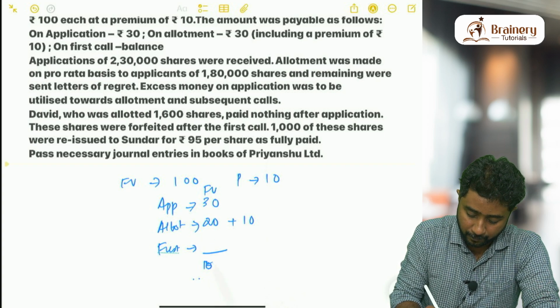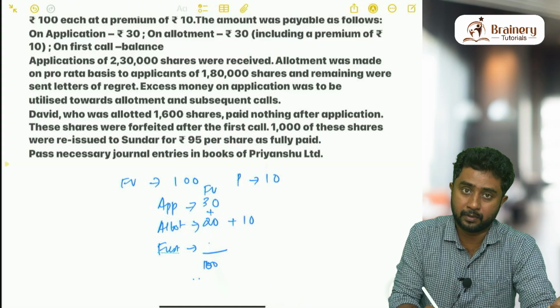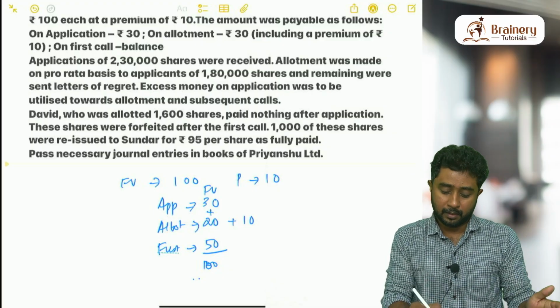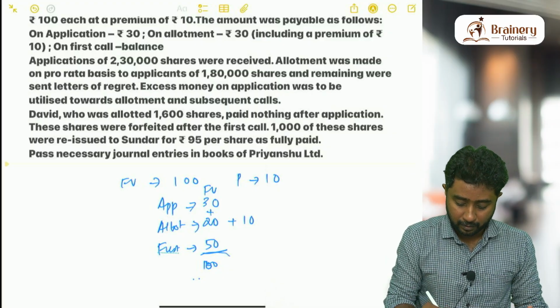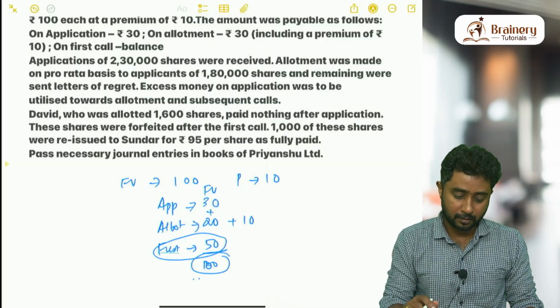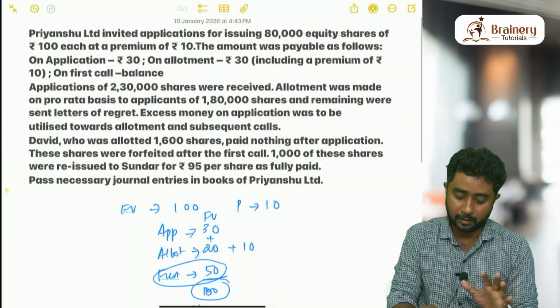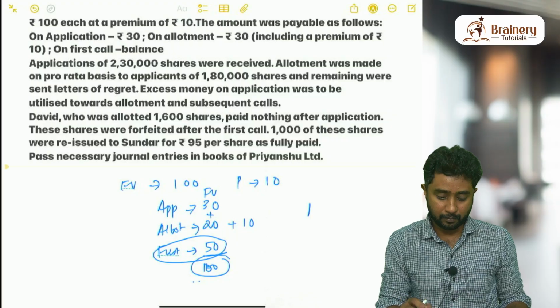So 30 plus 20 is 50, and if 50 is removed from 100, we will be getting 50 again. So first call also we got. Applications for 2,30,000 shares were received. So this much data we can extract from the information that is given there.